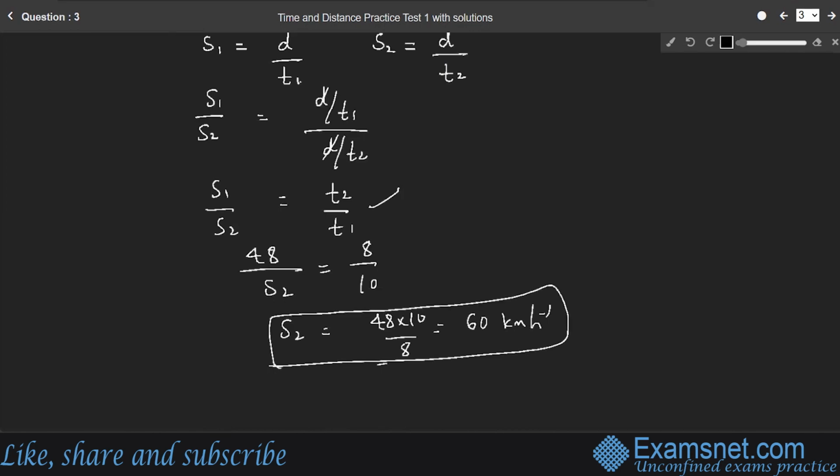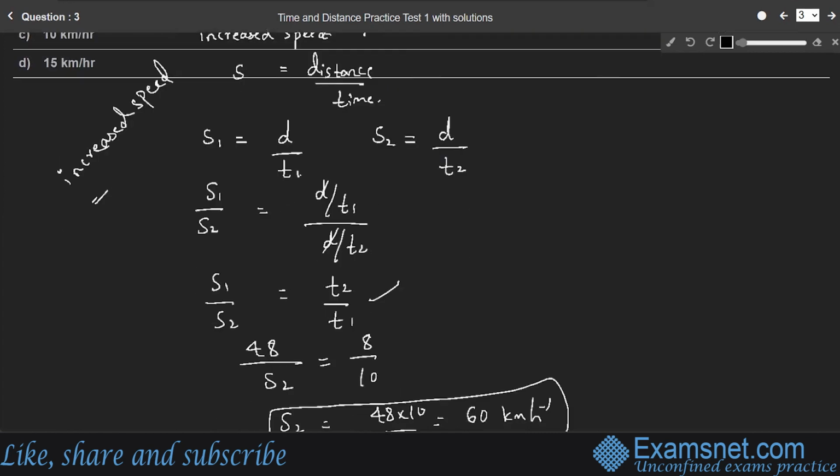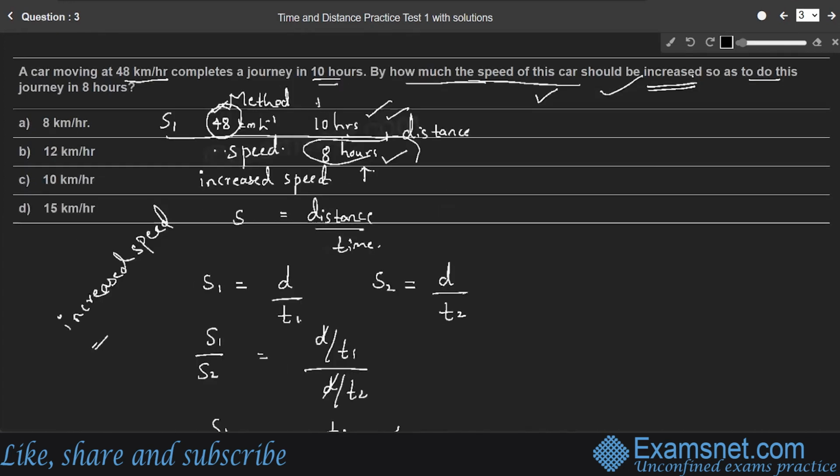But the question is, how much should the speed of the car be increased? So the increased speed: the original speed was 48 and the final speed in the second case was 60. So the increased speed is 60 minus 48, which is 12 kilometer per hour, right?